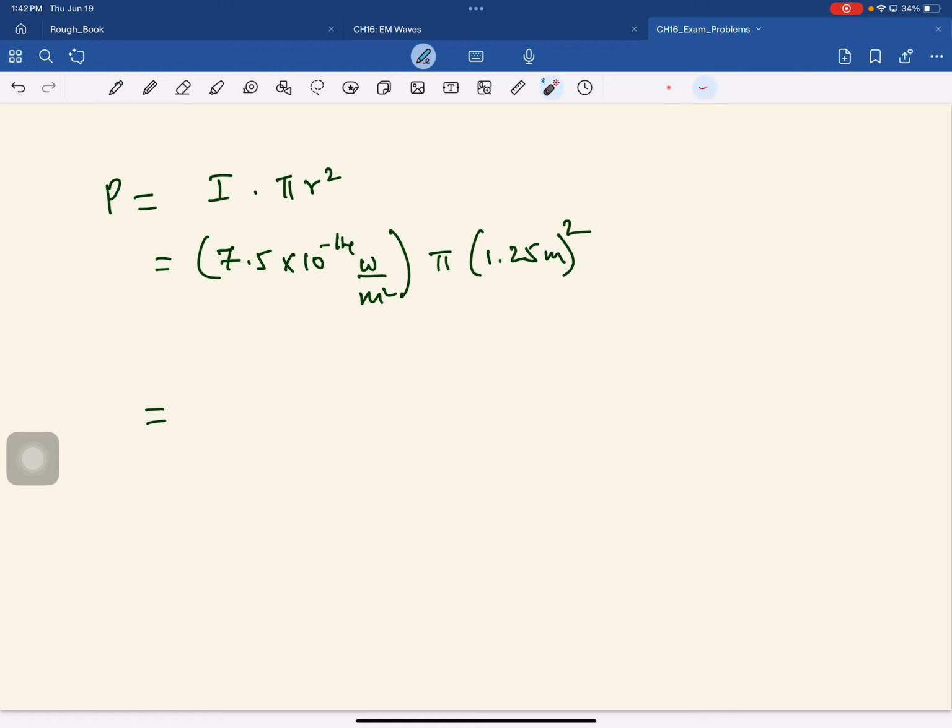So you see, the power will be larger the larger the radius. Okay, you double the radius and you get 4 times the power.